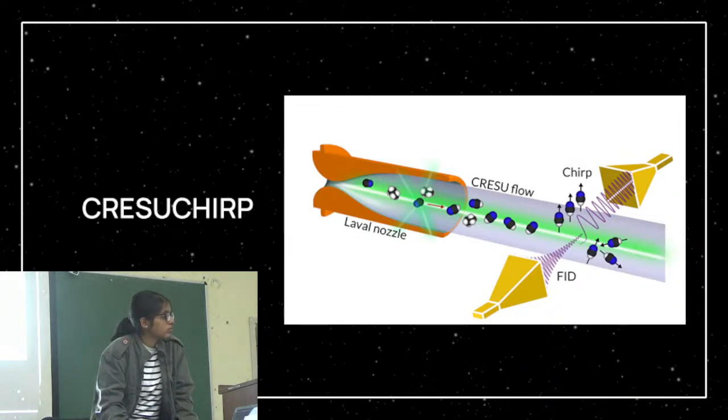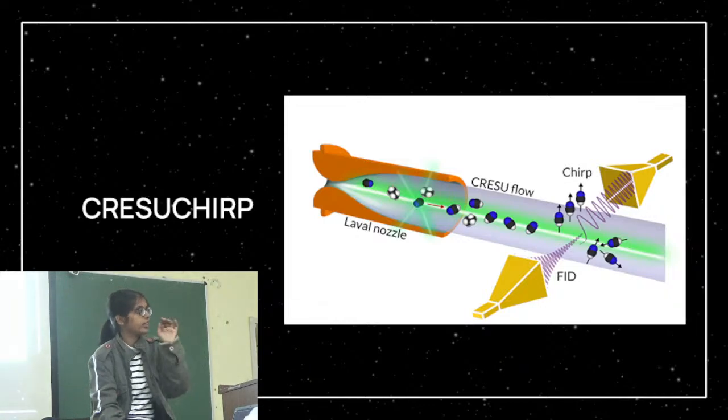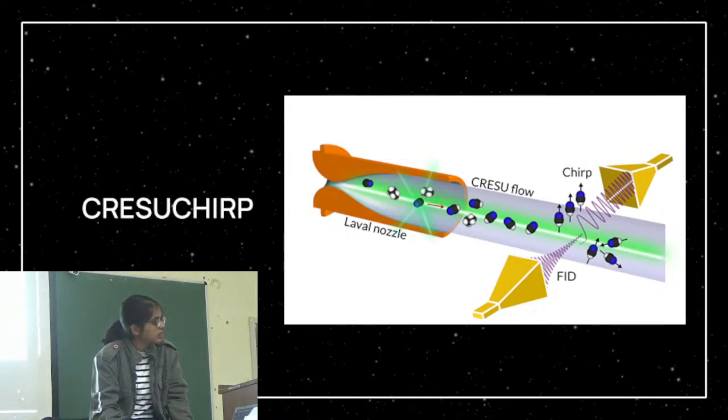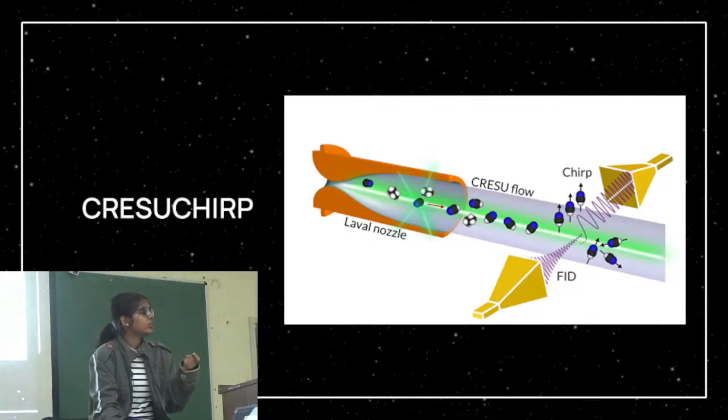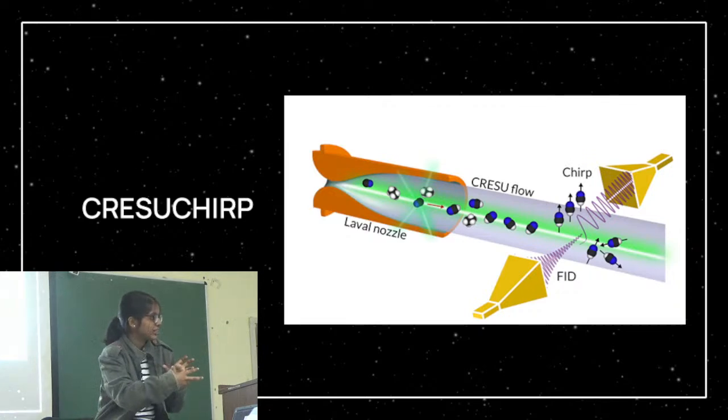When the molecules are moving along at that speed, is it... You do the pulse first. Then you switch off the pulse. And then the molecules start emitting the FID and you record that. Right. But isn't it the same molecules that are going to be in that part of the molecular flow? FID emission is at the scale of a micron. The flow is not a micron. There is an area, so it's not much slower.